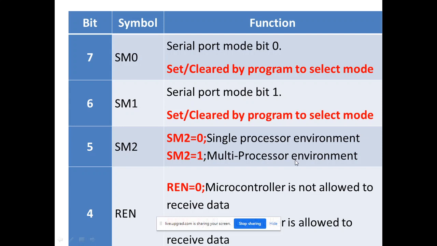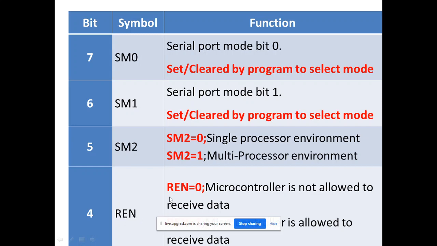Do all of you agree? SM2 decides how many processors or controllers are available within that system. Suppose there is only one controller and a number of peripherals, then SM2 is equal to 0. If there are a number of processors and you want to communicate between the controllers, in that situation SM2 is equal to 1.